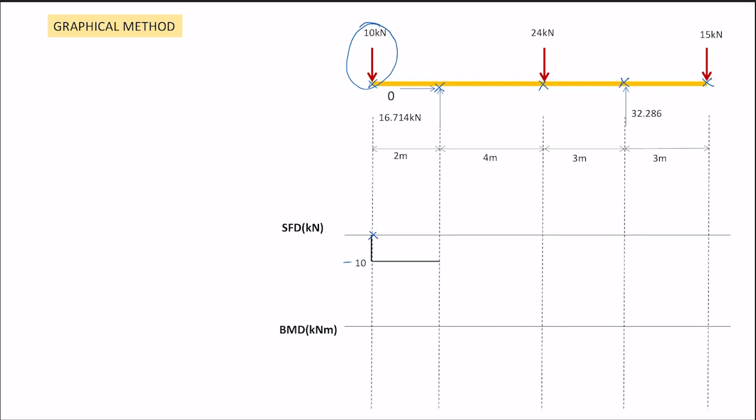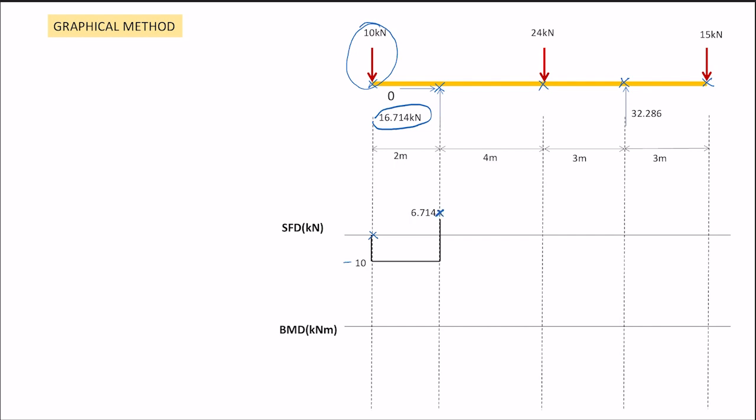So dia akan go straight for the SFD. And you will see there is a 16.714 kilonewton force or reaction, RA going up. So plus sebab dia naik ke atas, negative 10 plus 16.714, then we get 6.714.